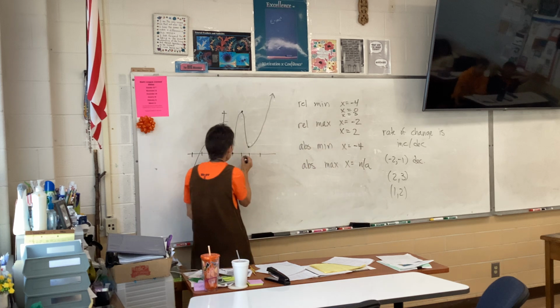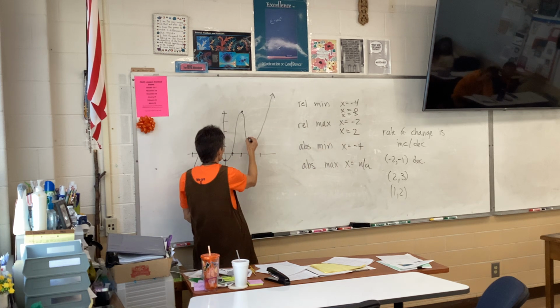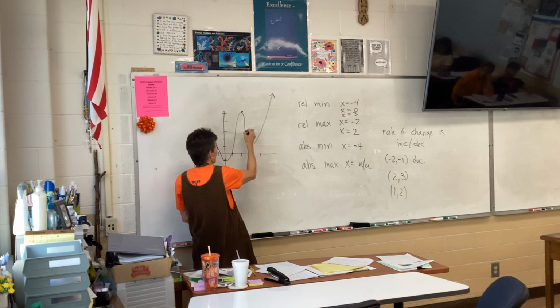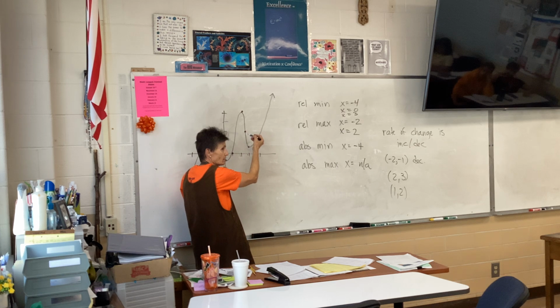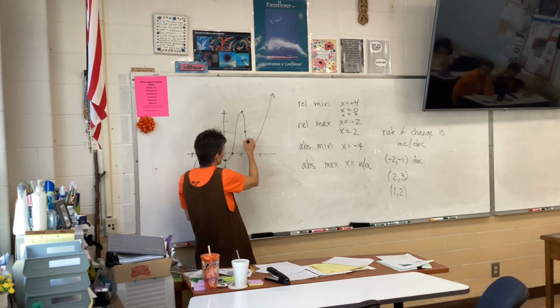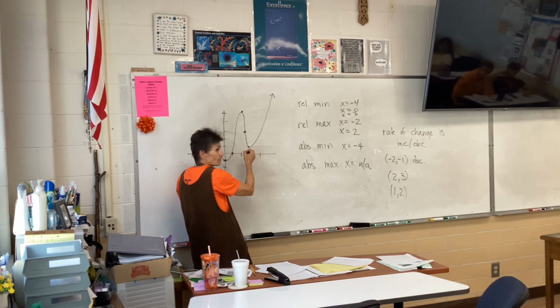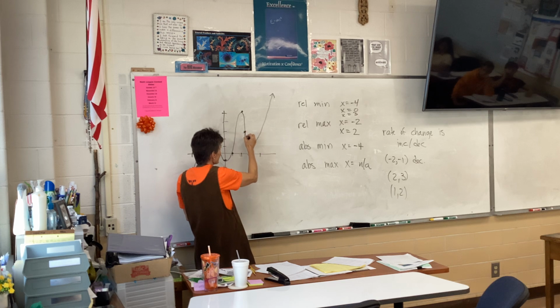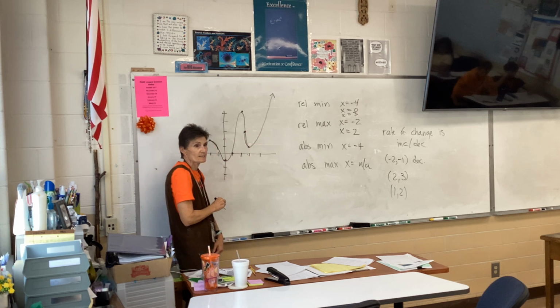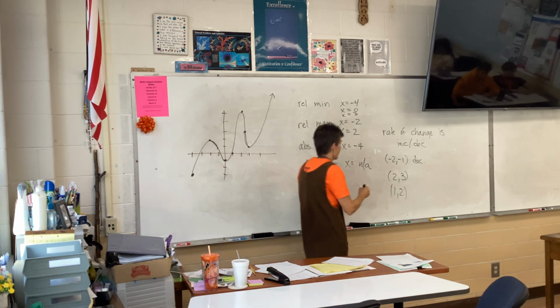From 2 to 3, it sort of looks like, as you pointed out, there has to be a point of inflection in there somewhere, right? Could the point of inflection be at about 2? So probably if I had to say from 2 to 3, I would say concave up, increasing.